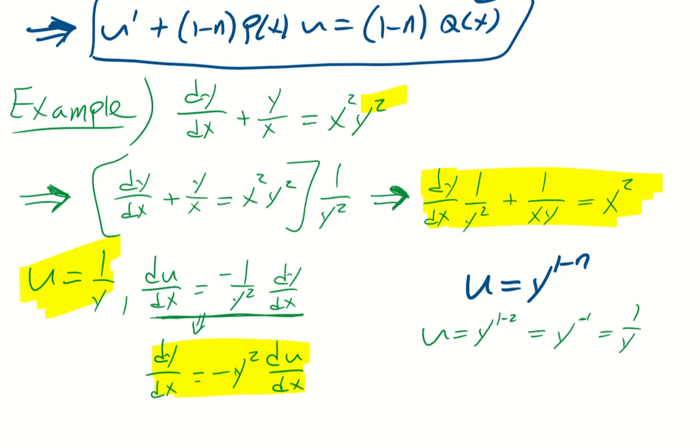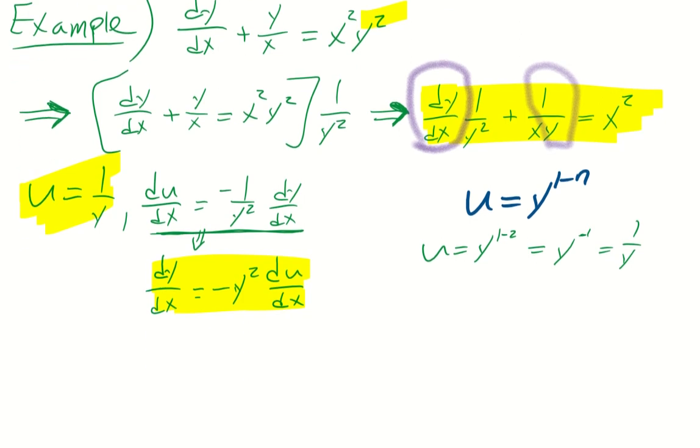We have something to substitute for this dy/dx, but also this 1 over y is a u. So now we can get minus y squared du/dx times 1 over y squared. The y's go away. Great.